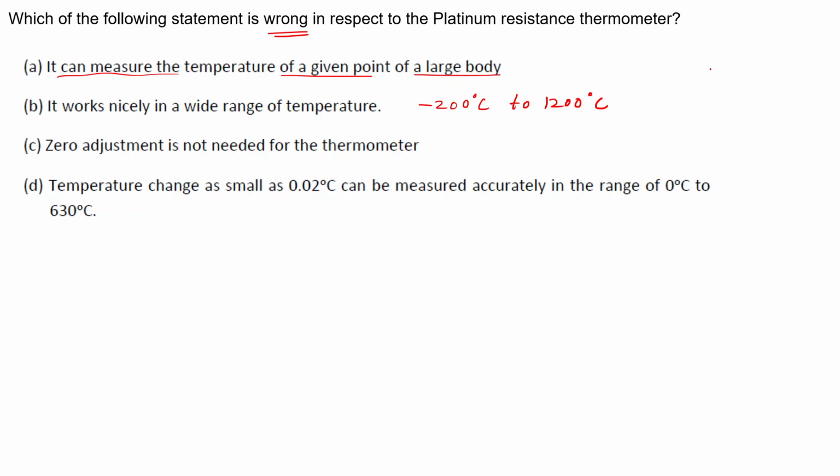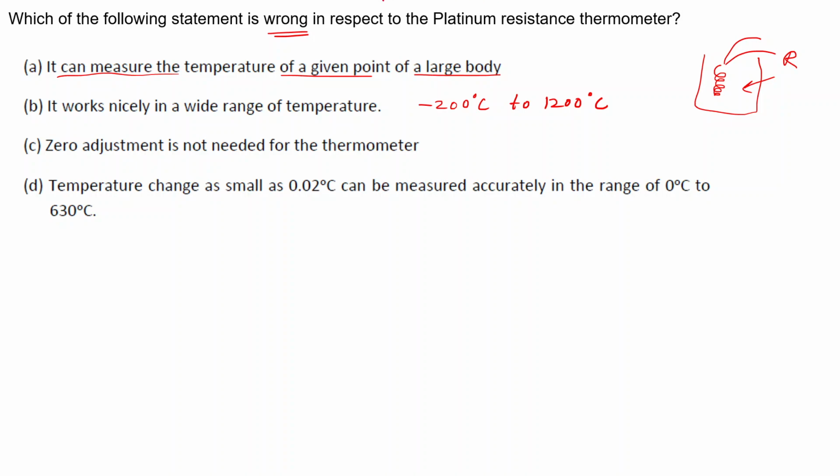As I had shown, the PRT consists of a coil, and that coil is kept inside the body. We measure the voltage and current and find out the resistance, and then we can correlate it with the temperature of this body. This coil needs some time as well as some amount of heat so that it will be able to detect some resistance and give us the value of temperature.